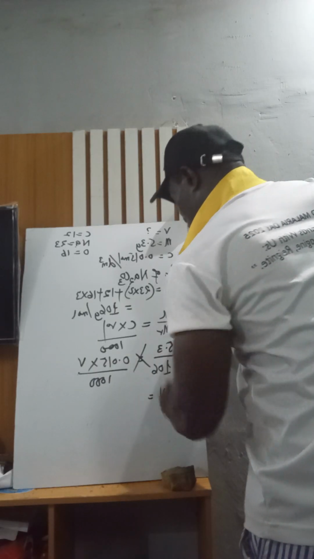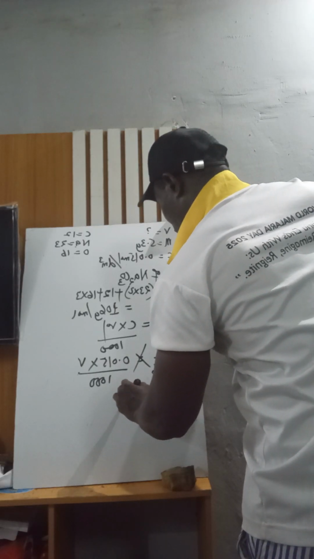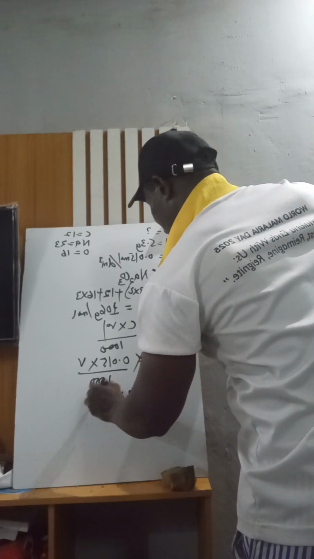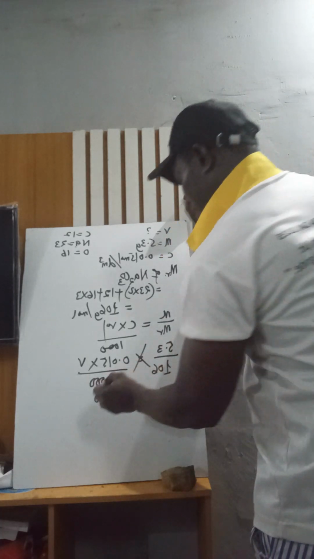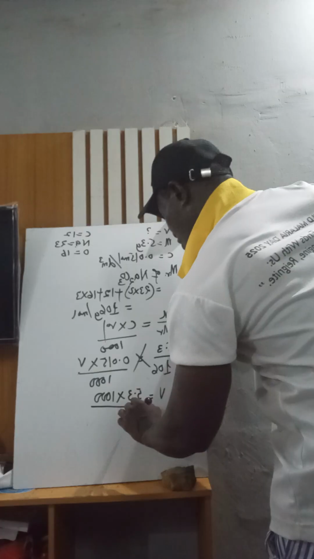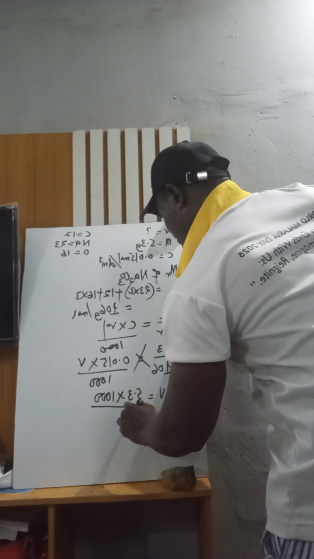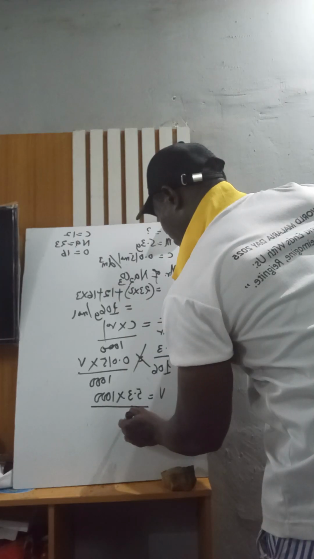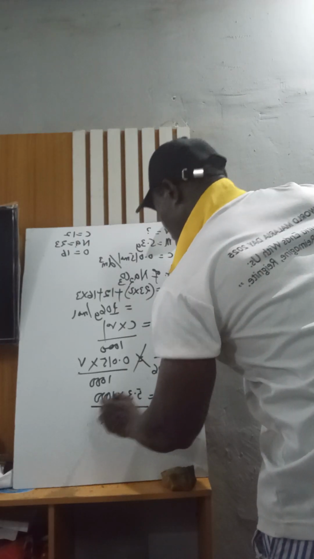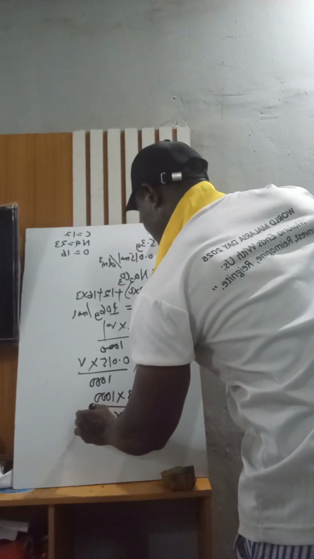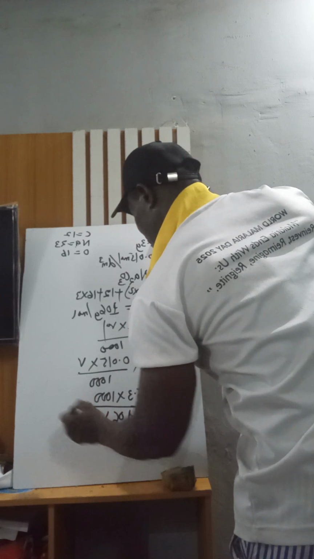So volume becomes 5.3 times 1000, divided by 106 multiplied by 0.015.